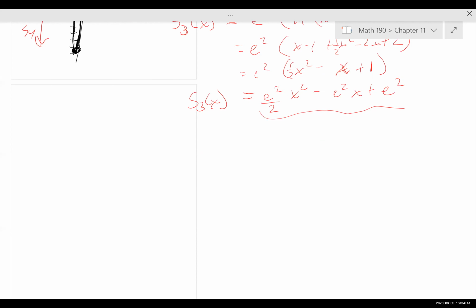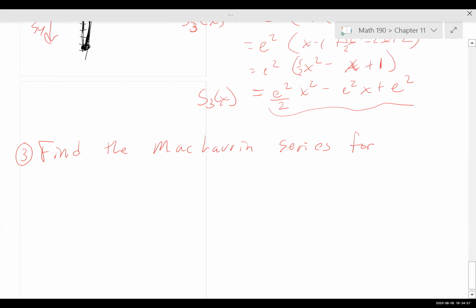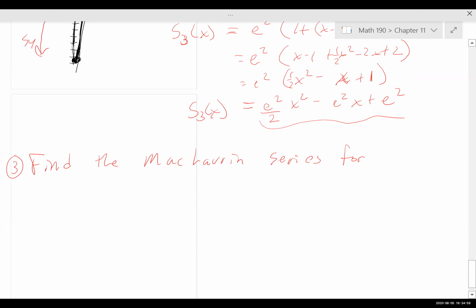So we want to find, number 3 here, find the Maclaurin series for sine of x.